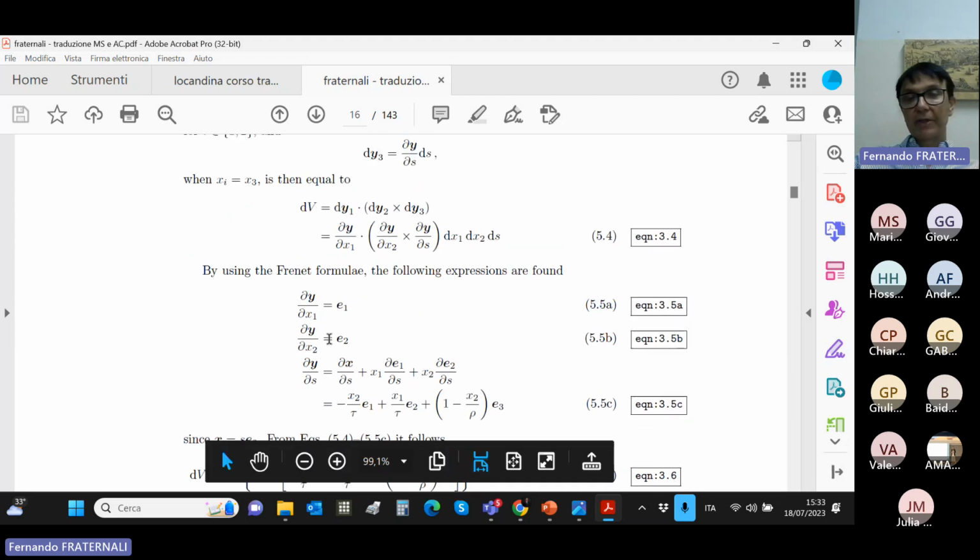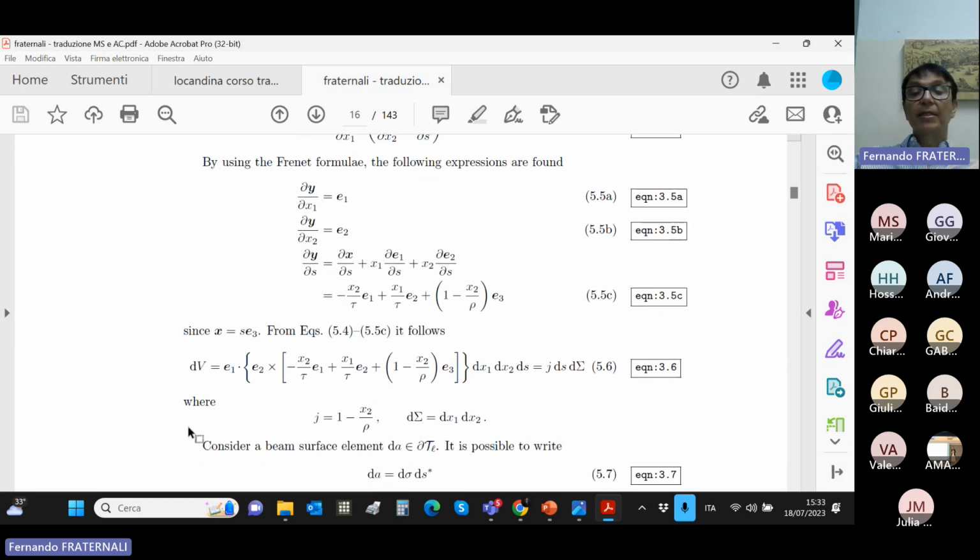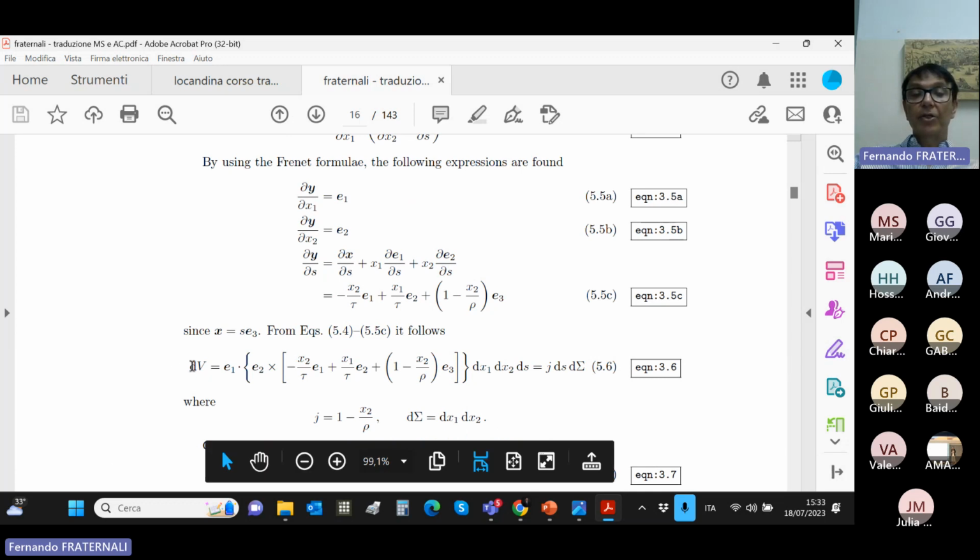Recalling the definition of these vectors, which are the base vectors associated with these coordinates, we obtain this expression of the infinitesimal volume of the beam.